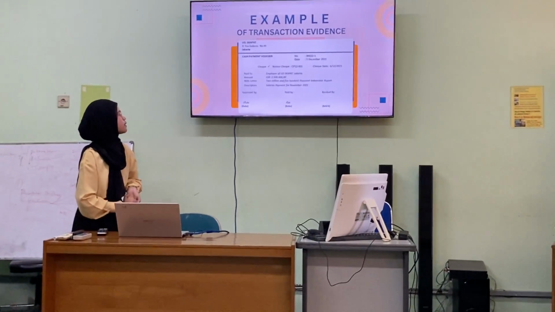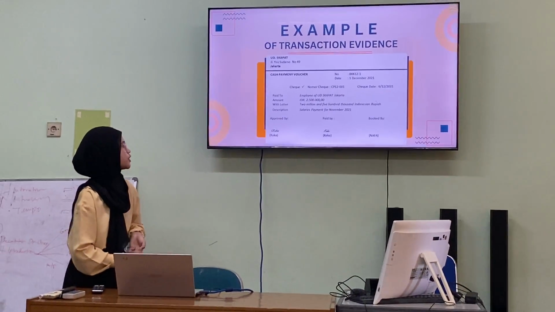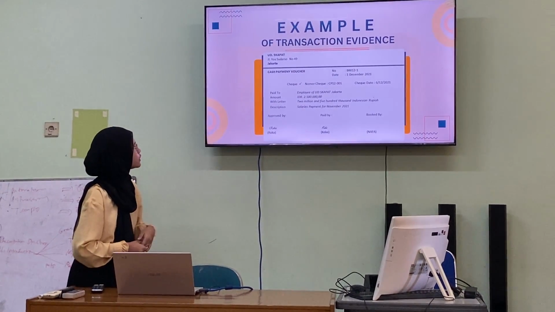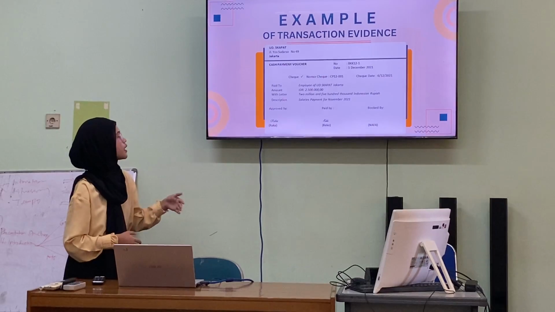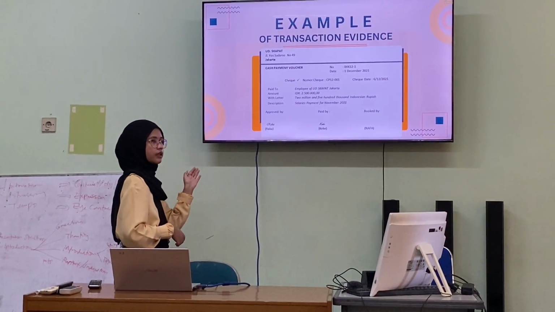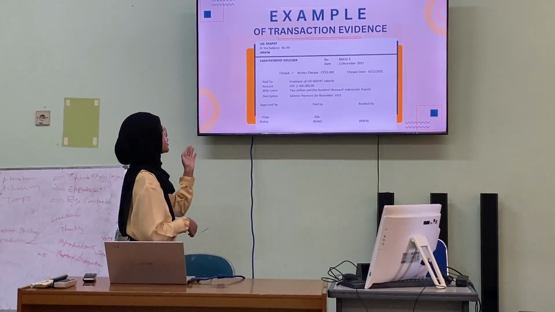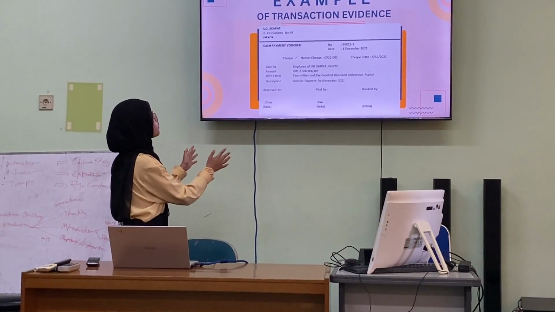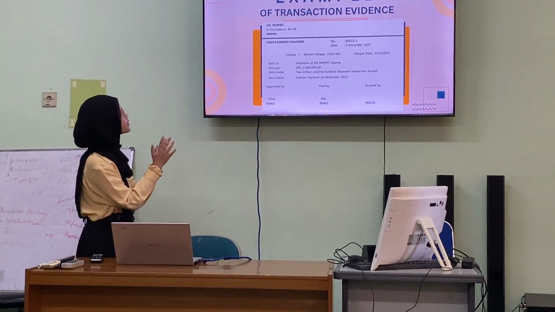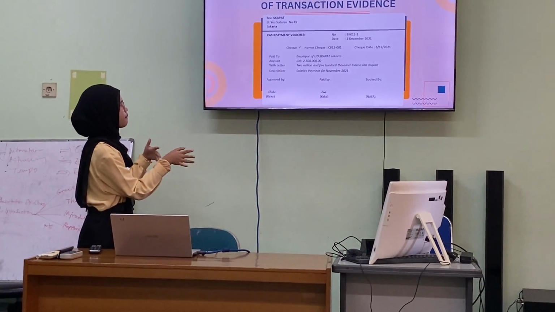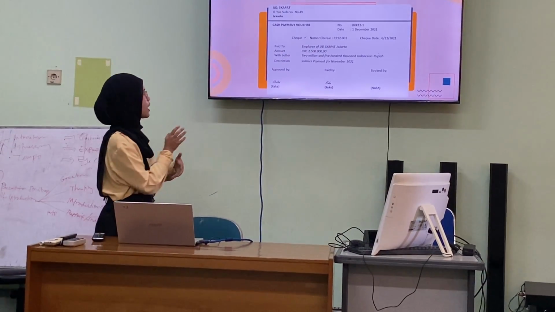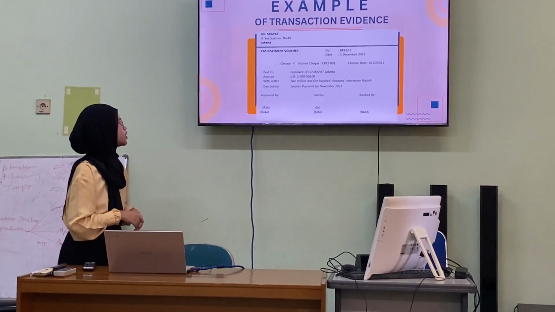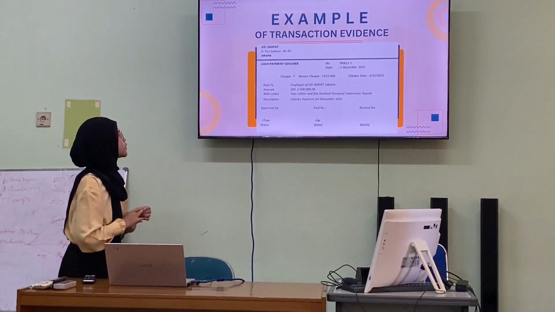Description: salary payment for November 2021. Approved by Raka, paid by Keke, booked by me. In this transaction evidence, we can see that Udes Kapal has paid their employee the amount of 2,500,000 Indonesian rupiah.